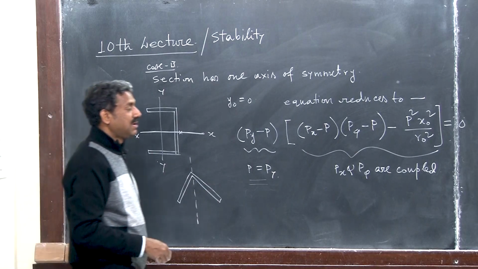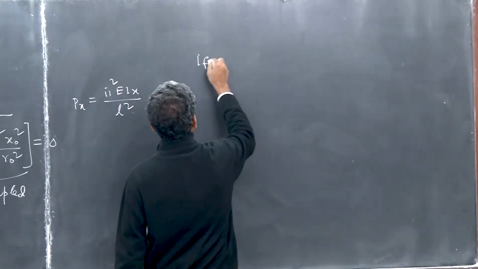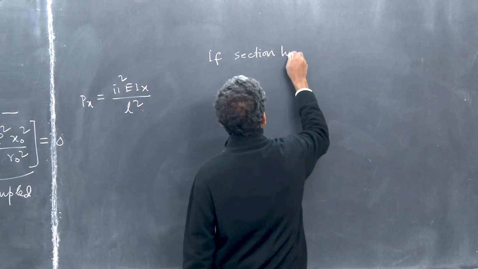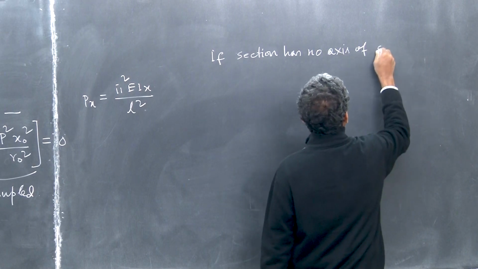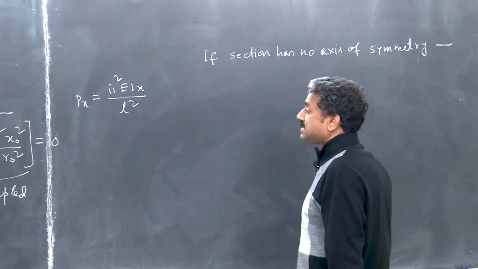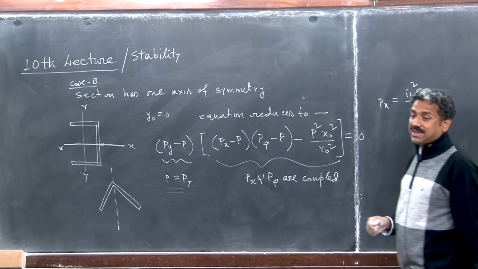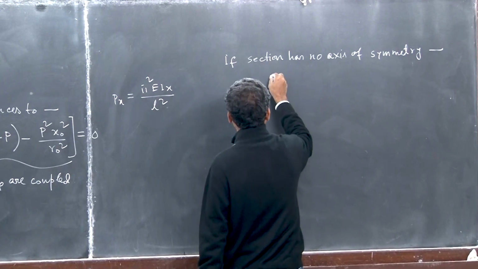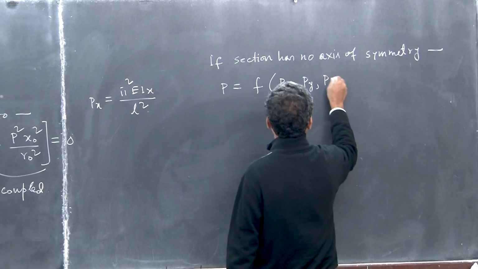Now, if a section does not have any axis of symmetry, then of course it has to be solved in terms of Px, Py and P phi. P has to be solved in terms of Px, Py and P phi.